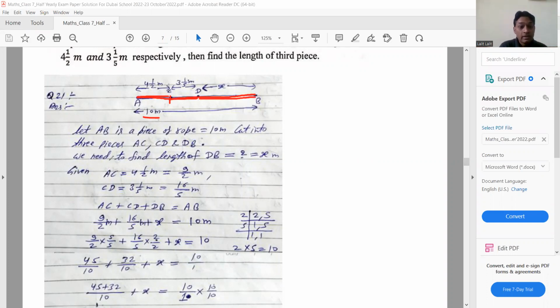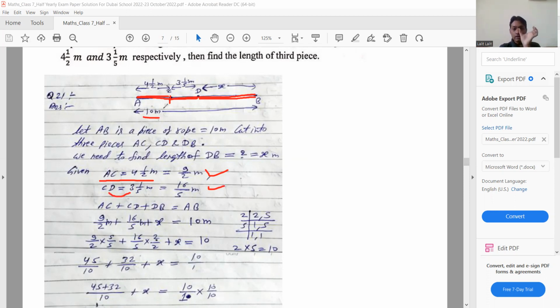What they have given, AC is given 4 1/2, so I have taken AC is 4 1/2 meter. Convert this from mixed fraction to improper fraction, which is 9/2 meter. CD is also given 3 1/5 meter. I have converted 5 3s are 15 plus 1, 16/5 meter.